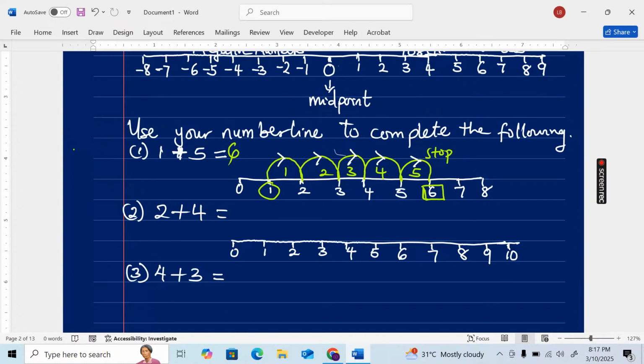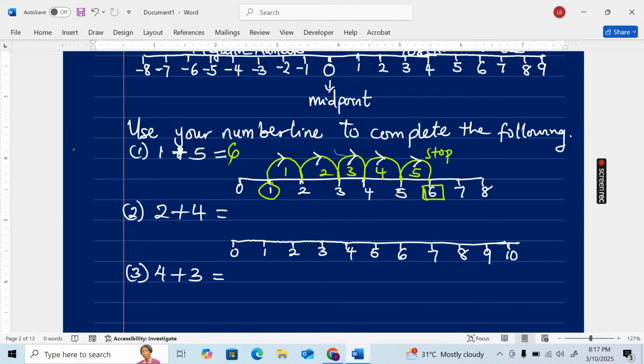Okay, so looking at question 2, which says 2 plus 4. Now, in my question, the first number there is 2.